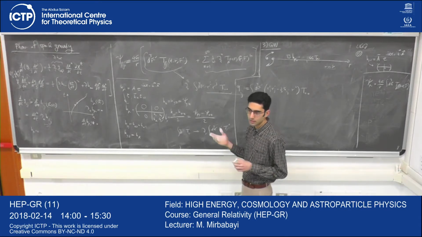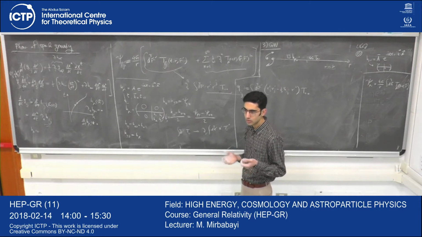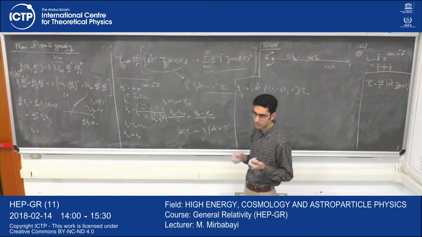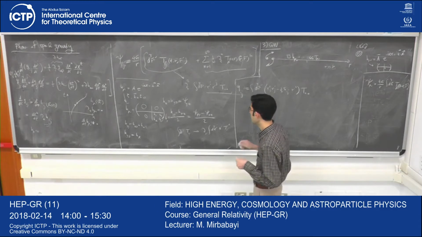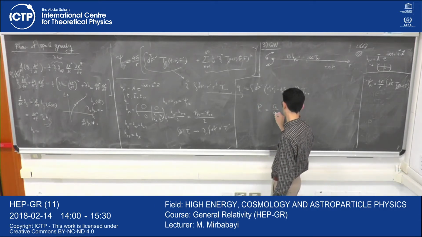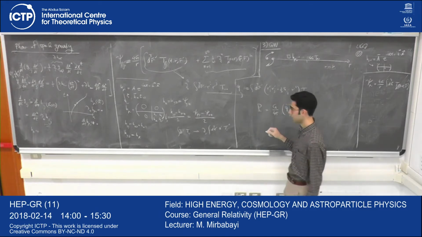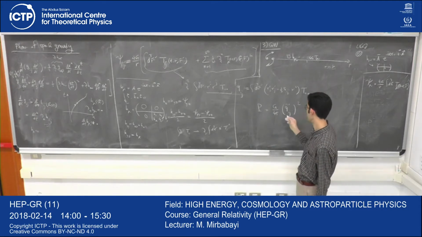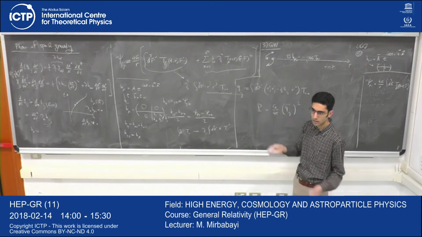But once you derive the total energy that the system loses, like the power, that is a physical observable quantity. So when I say that the power is G over 45 times Q ij triple dot squared, that has nothing to do with the gauge choice, because Qij is something that I can calculate.